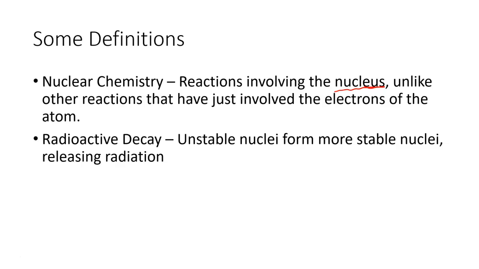We'll also be looking a little bit at radioactive decay. So it's when we have a nucleus, the unstable nuclei are going to form more stable nuclei. So remember, the nucleus is the center of an atom. So you've got your protons and your neutrons. Protons are positive and our neutrons are neutral.